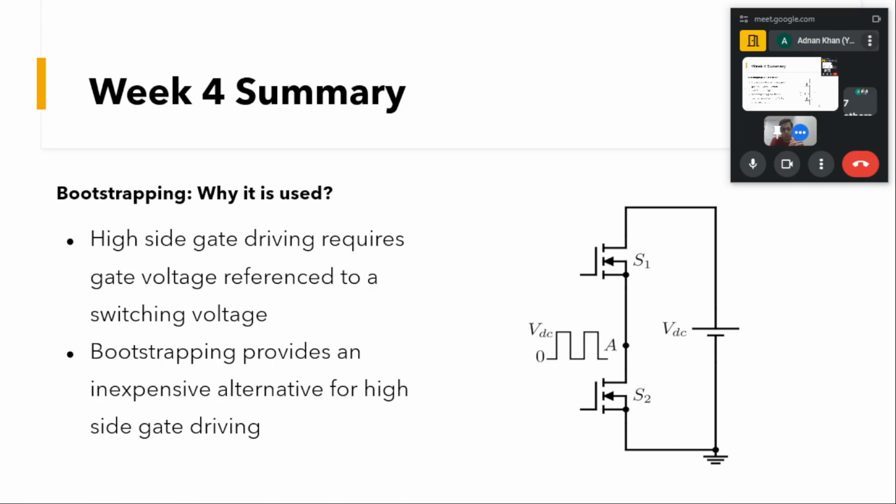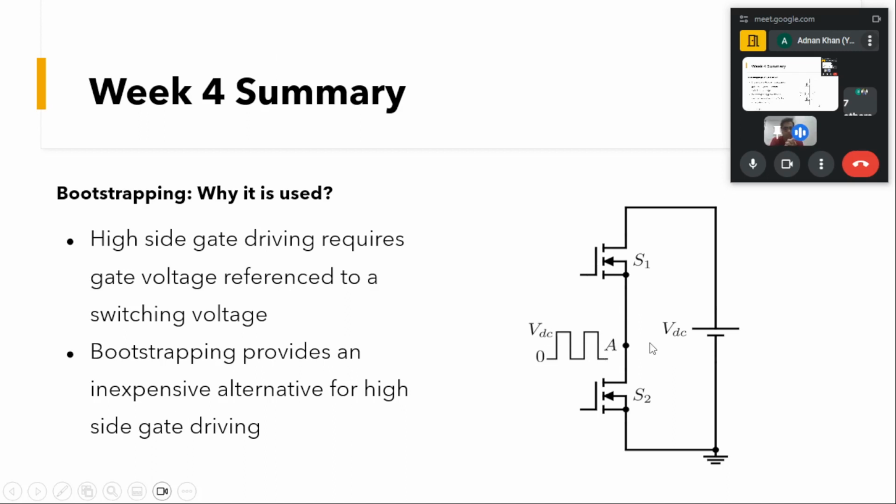And one way to turn on our devices, taking into consideration this floating point supply, was by having this isolated DC to DC supply, which was able to take into consideration this floating point supply and provide the VGS with respect to this floating point supply.